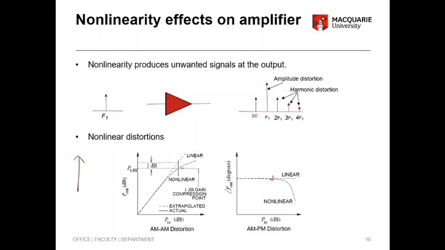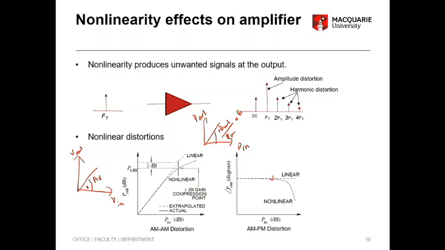So if this axis was V in, V out, that gradient is your voltage gain. But if you actually have P out, P in, not in dBs, just in watts, P out over P in will be your gain, but not the dB gain, just the numerical gain.